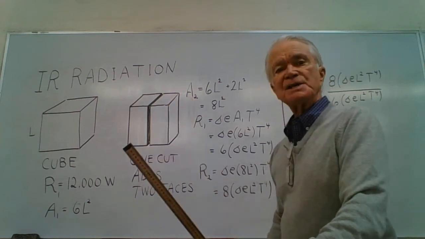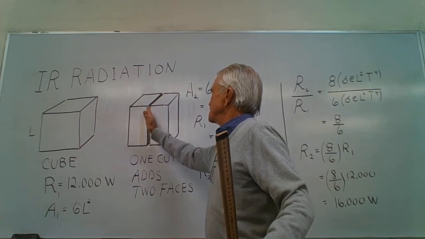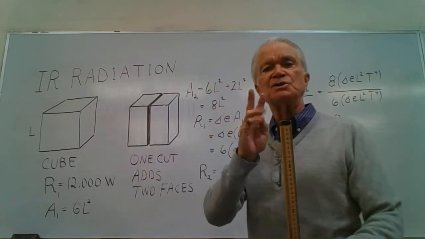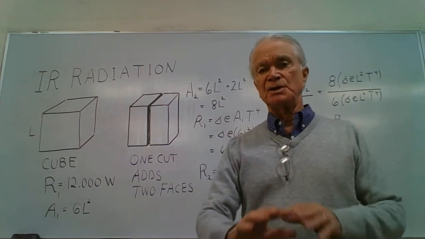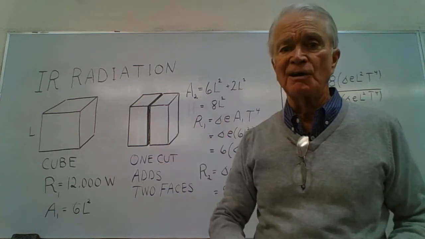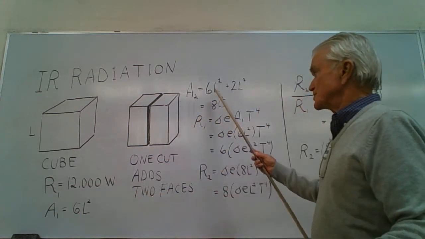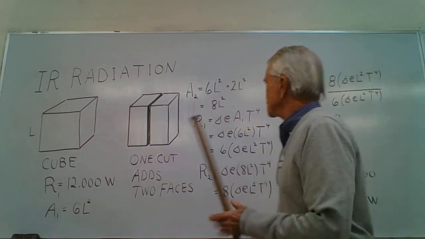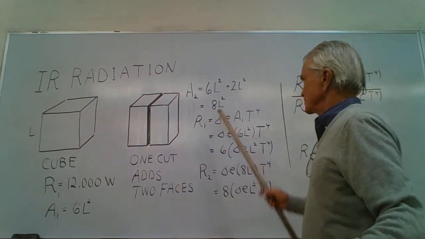That one slice adds the inside cut area on the left and the inside on the right, adding 2 more faces that will contribute to the total area of this object radiating IR. So the new area will be what you used to have, 6L squared, plus 2 more of those squares, double L squared, for a total of 8L squared.